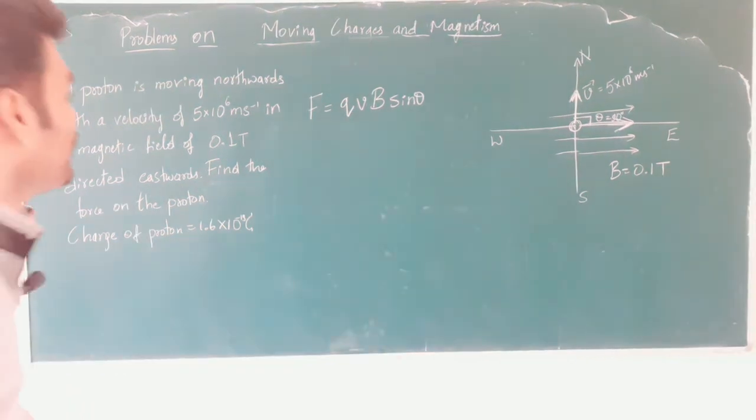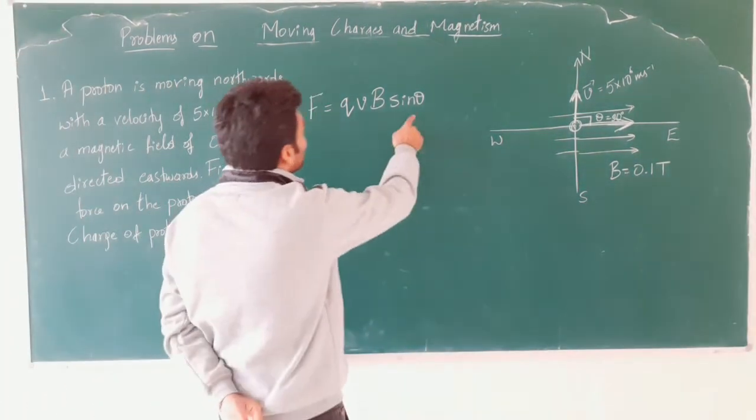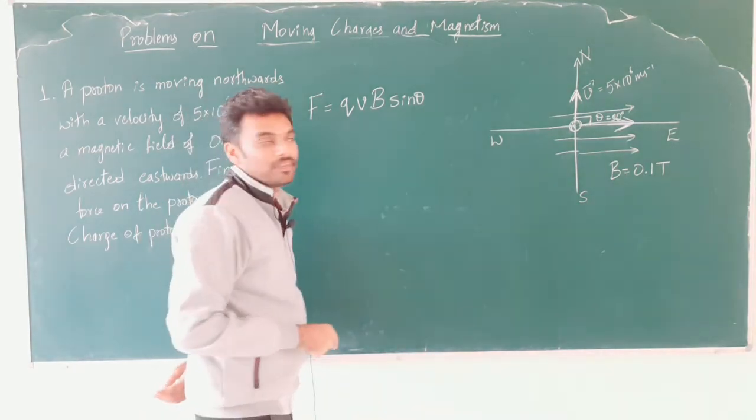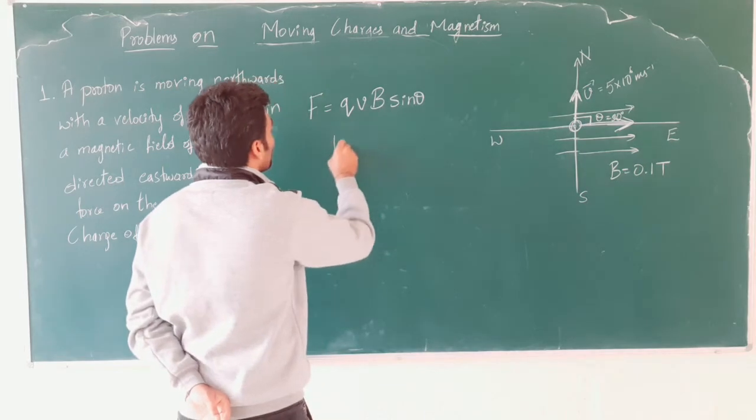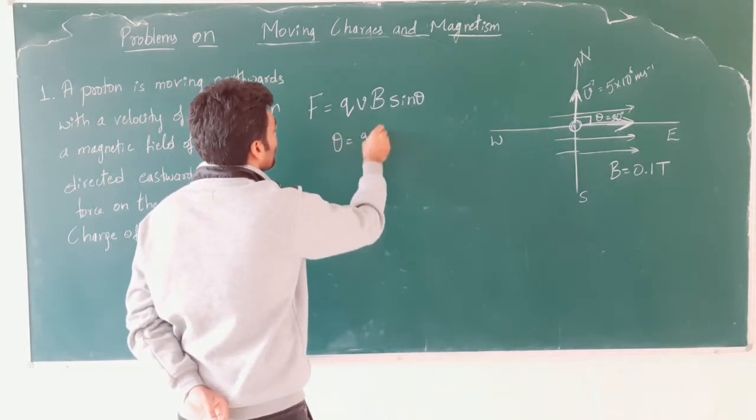So what is theta? Theta is the angle between V and B. According to the diagram, we can see that theta is equal to 90 degrees.